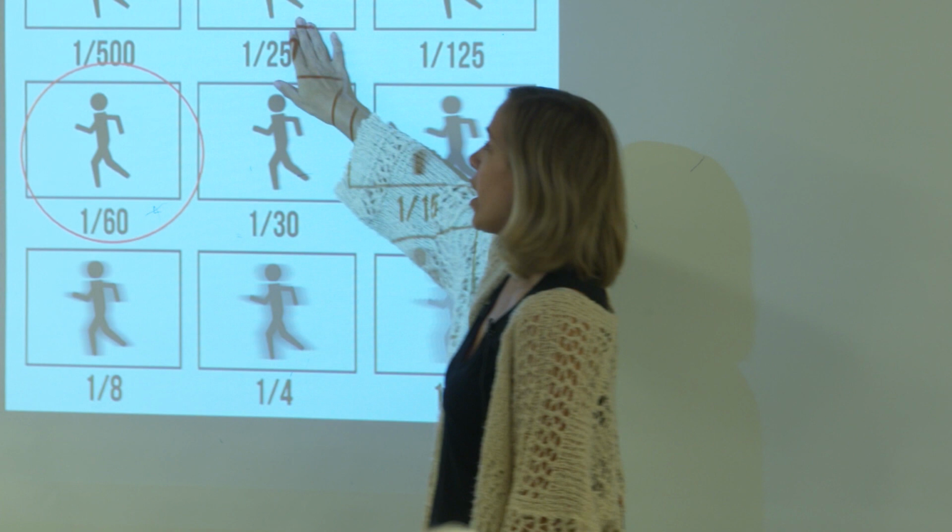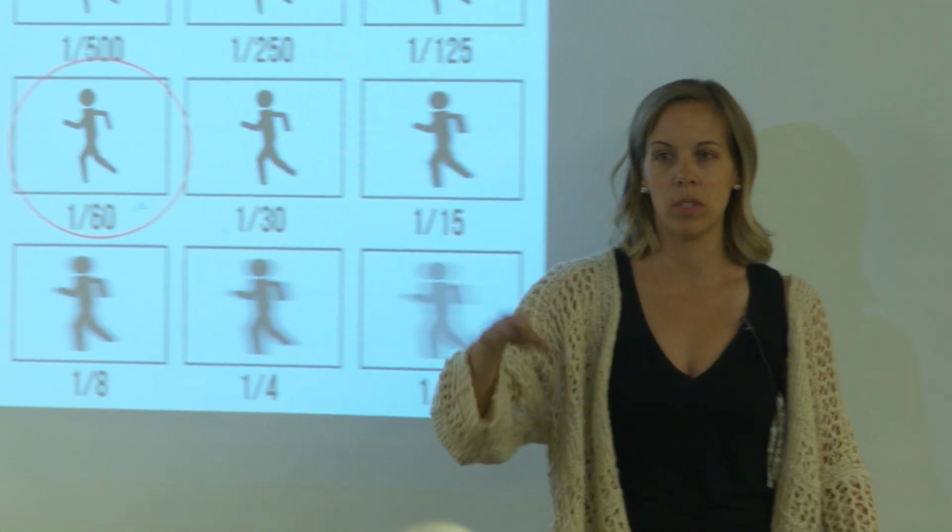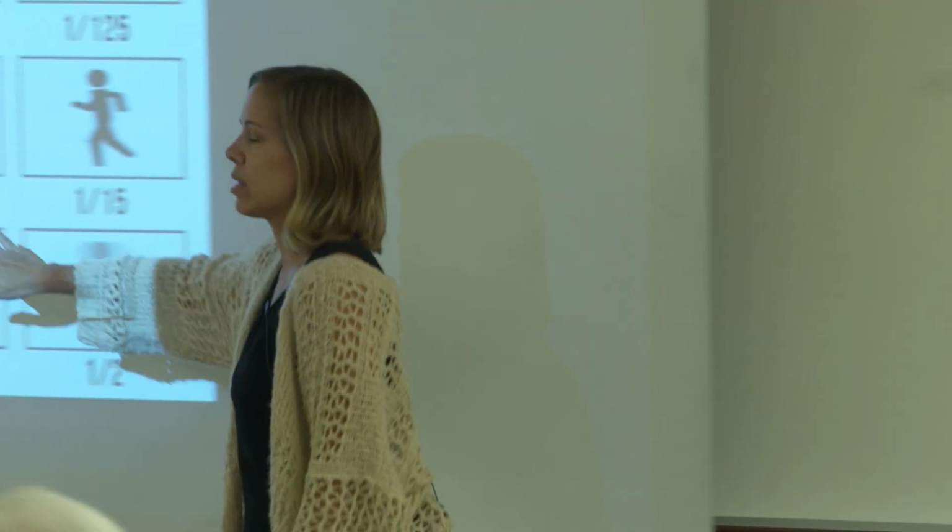Once you get up into these faster shutter speeds, you don't have that problem, so it's fine for you to just hold your camera by yourself. But usually around this time, people start using a tripod, because it's open long enough that even if your hand moves a little, it's going to blur your photo.